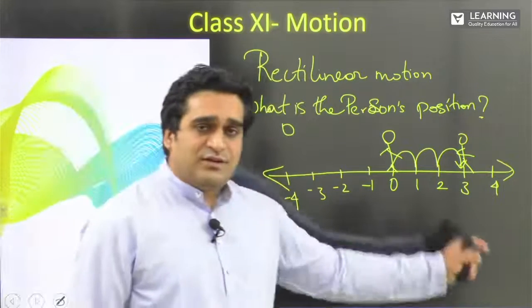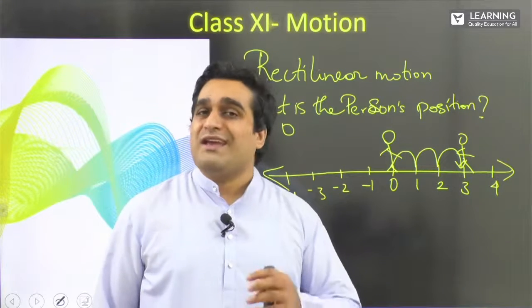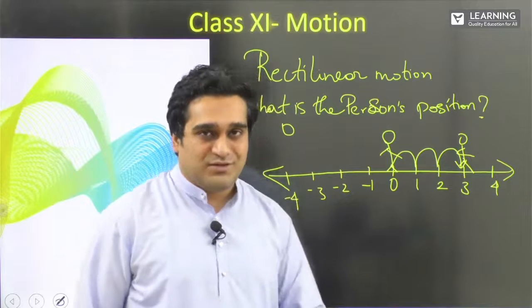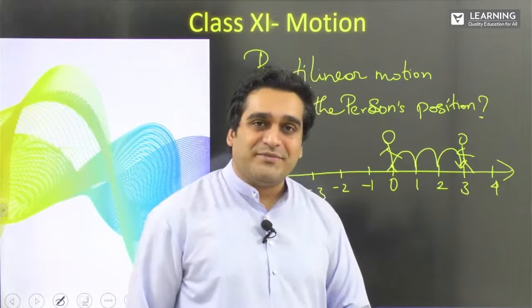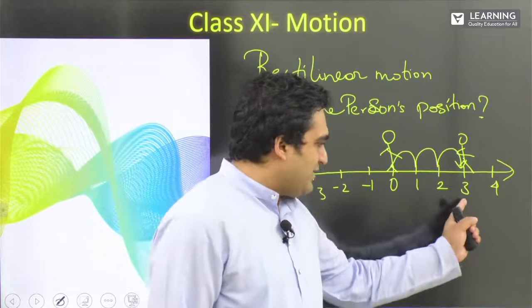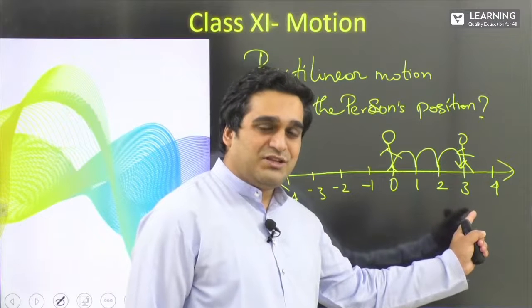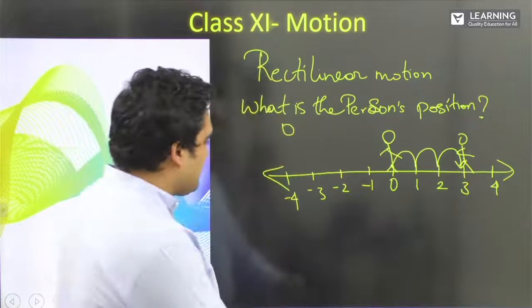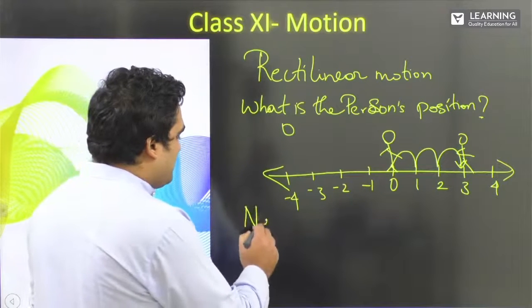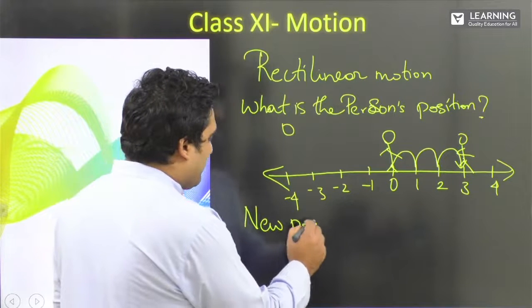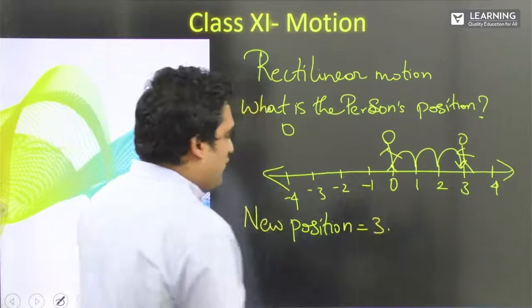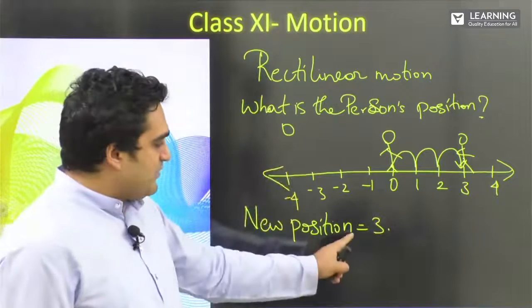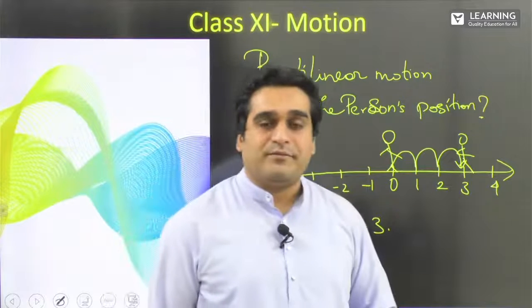Now that he's taken 3 steps forward, what will be his new position? 3. Because you see that the new position here is 3. So let's make note of that. Old position 0, new position 3.